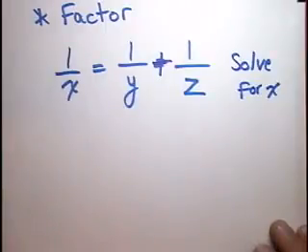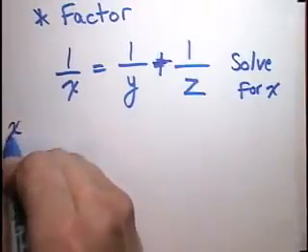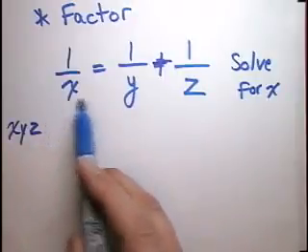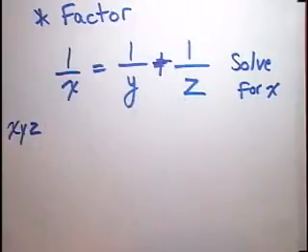So let's see if we can do this problem. We're going to use the first trick I was just talking about in order to clear out the fractions. I need to identify what my common denominator would be between an x, a y, and a z. Well, that common denominator is going to be xyz. And I'm going to multiply every term of my equation by that common denominator.